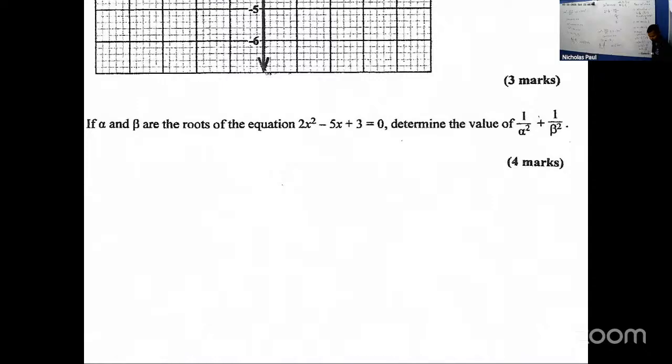Take your time, find the LCM, right? Take your time, the trick is to simplify that properly.